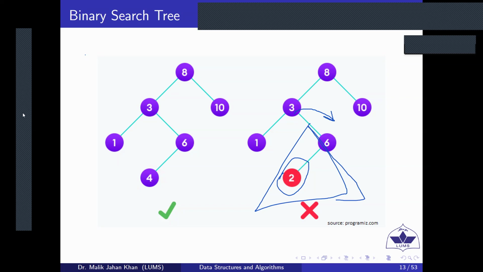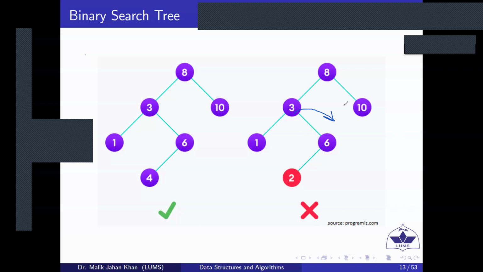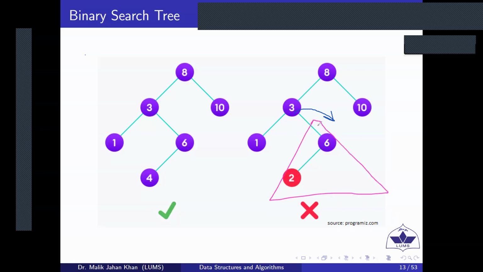The right branch of 3 contains the whole subtree which is rooted at 6. Anything on this branch has to be greater than 3, and 2 is the violation point. So that's why it's not a binary search tree.